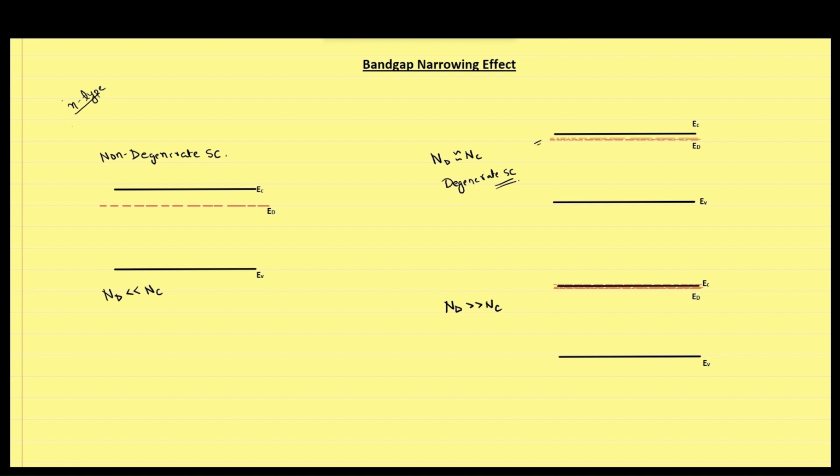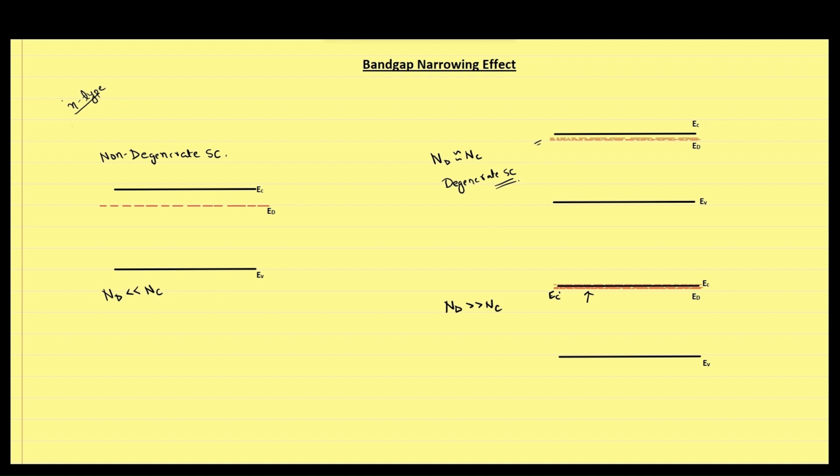In such cases, the effective conduction band edge will change and come down to the bottom of the dopant energy band, which will eventually decrease the band gap energy. This whole phenomenon of band gap reduction when the doping concentration is too high is referred to as the band gap narrowing effect.